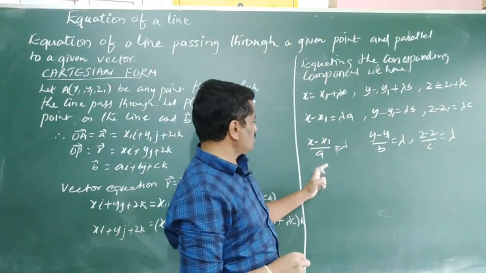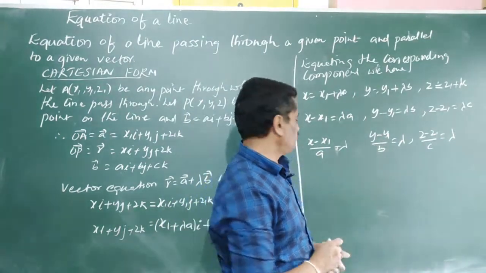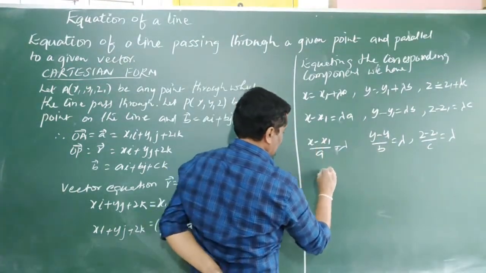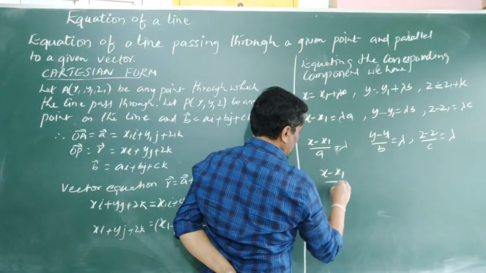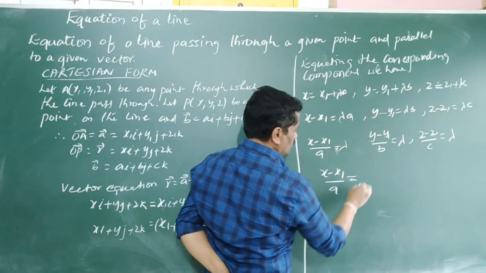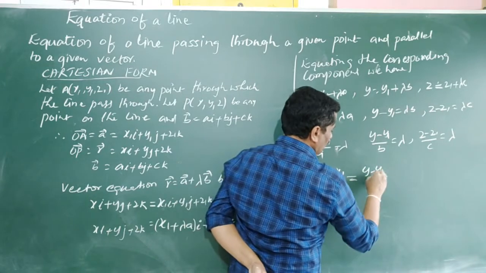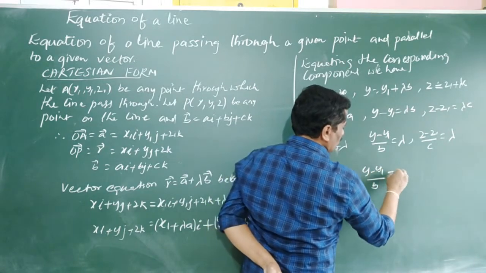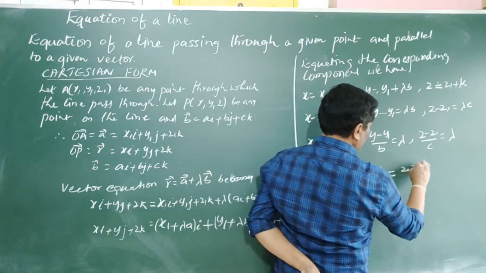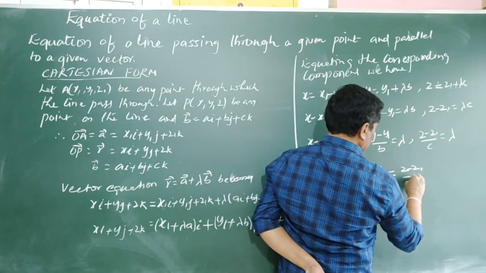Here each term is equal to lambda, so this can be written as x minus x1 by a is equal to y minus y1 divided by b is equal to z minus z1 by c.